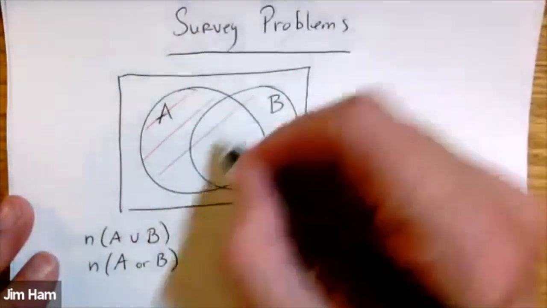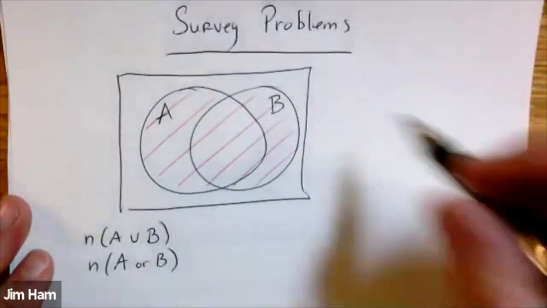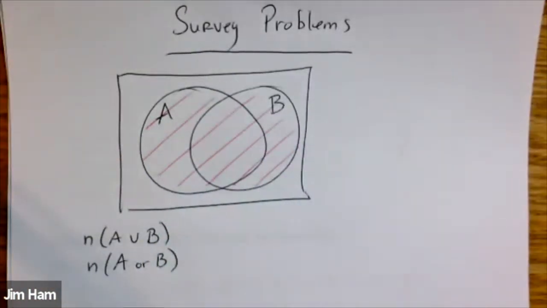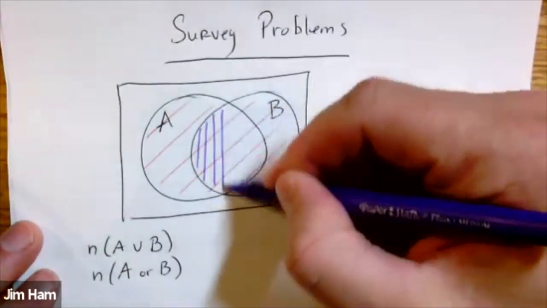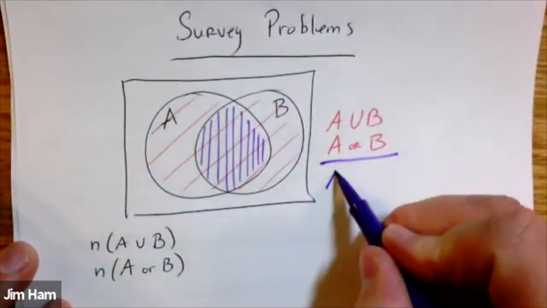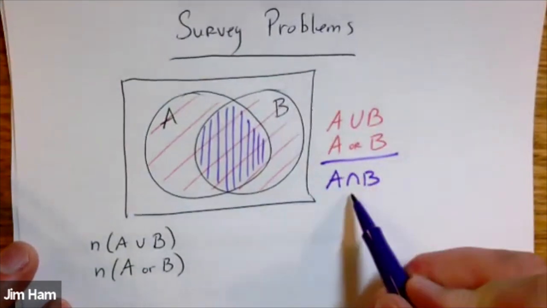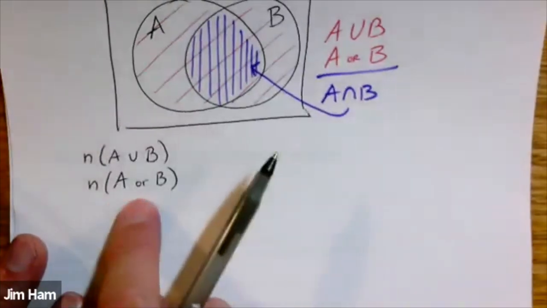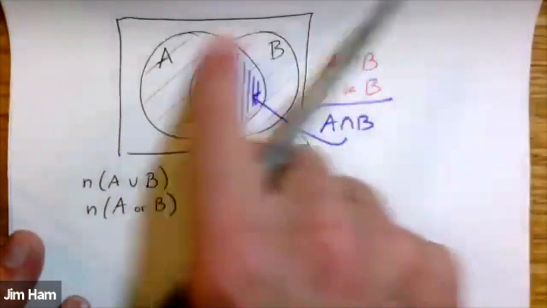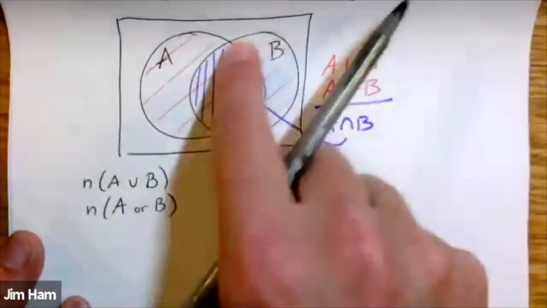How many are in here? If you join those two groups together, A union B, this region right here in the middle is in the intersection between A and B. So A intersection B is right in the middle.